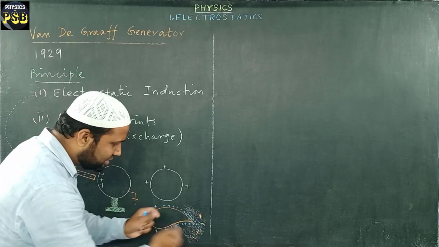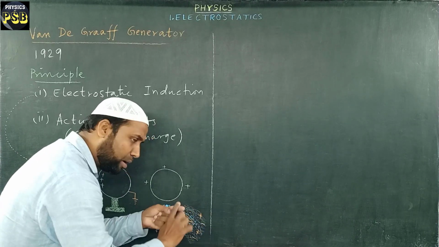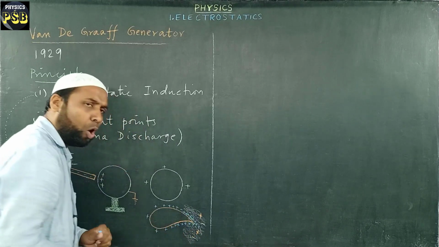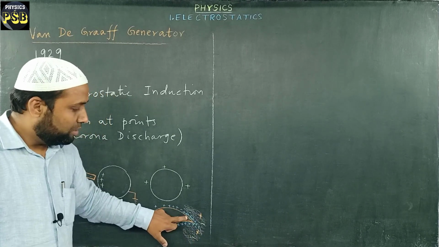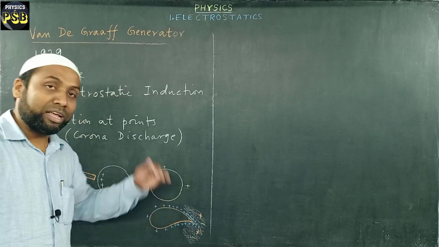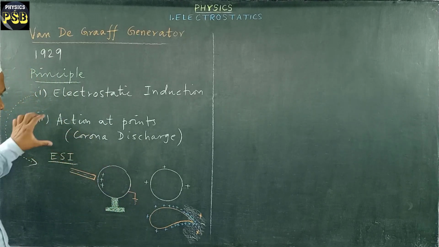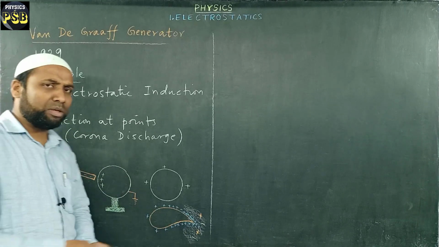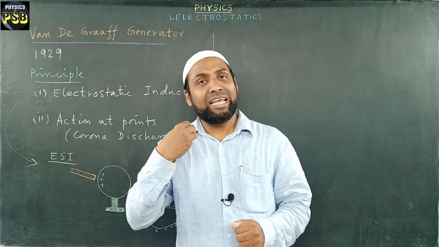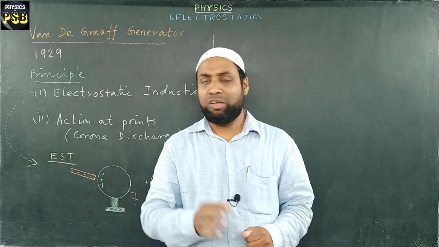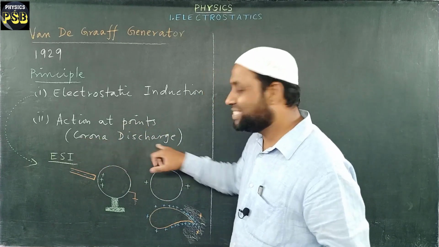So as a result, when these negative ions combine with the positive charges present in this object near the sharp edge, the number of charges in the object reduces. It is called leakage, and the phenomenon is referred to as action at points. Correctly speaking, a sharp charged object leaks out its charge. We call this phenomenon action at points or corona discharge.